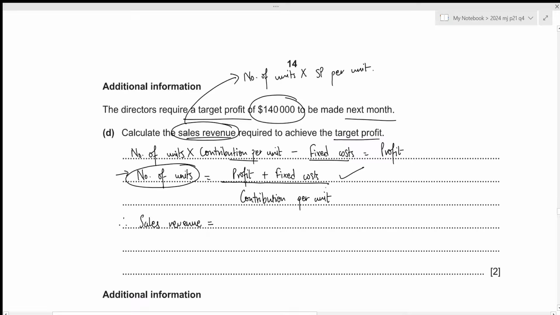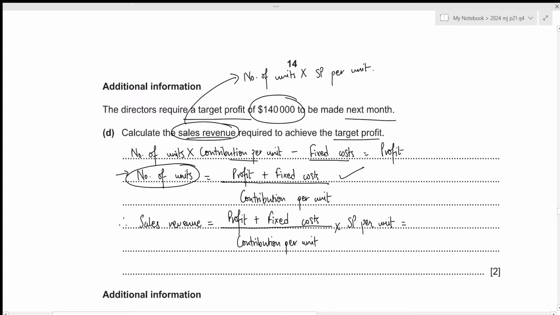So we'll substitute this formula instead. That will be profit plus fixed costs divided by the contribution per unit times the selling price per unit.